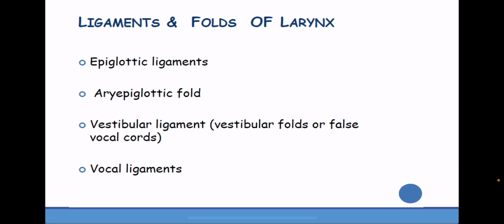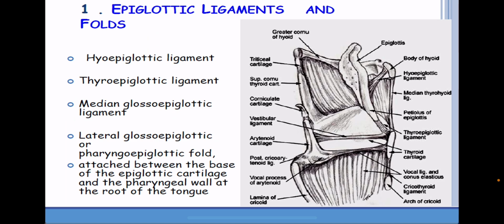Ligaments and folds of the larynx, as we said, there are four: epiglottic ligaments, aryepiglottic fold, vestibular ligament, and vocal ligament. We have epiglottic ligaments and folds. There are the hyoepiglottic ligament, the median glossoepiglottic ligament, and the lateral glossoepiglottic or pharyngoepiglottic fold.